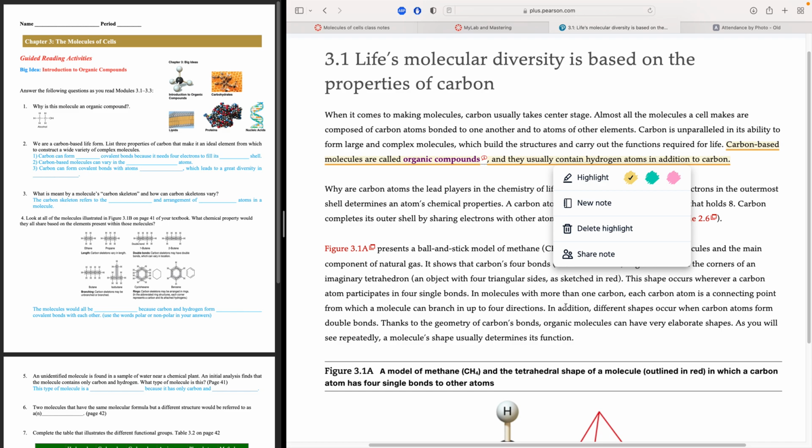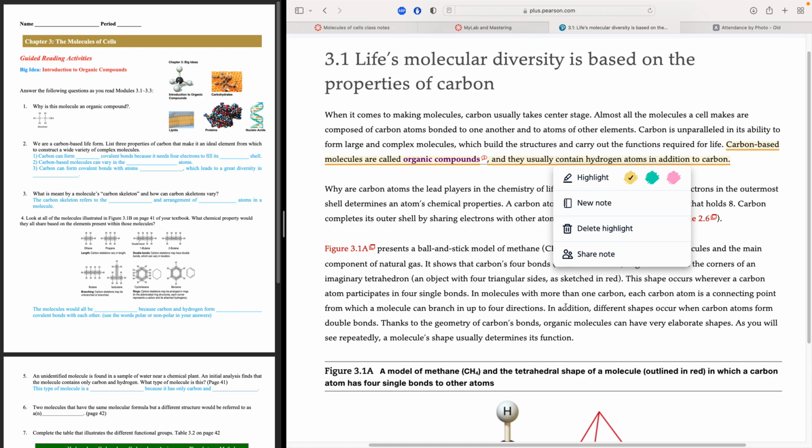And CHON, CHOMP, all of our macromolecules, carbs, fats, proteins, and DNA, it starts with C, carbon. That's the backbone. In the last unit, we learned that carbon needs a lot of bonds. Anyone recall how many bonds carbon needs to have? That picture right there is the clue.